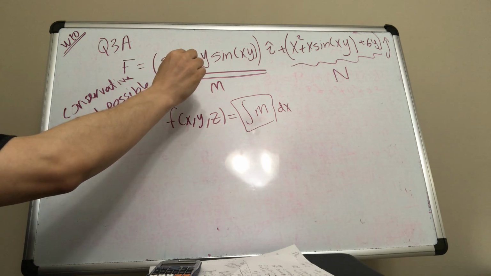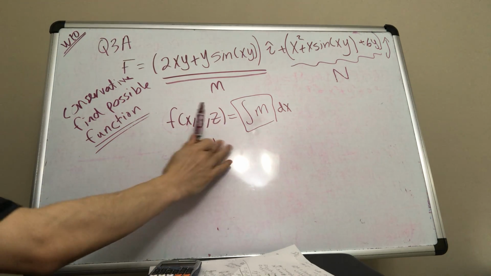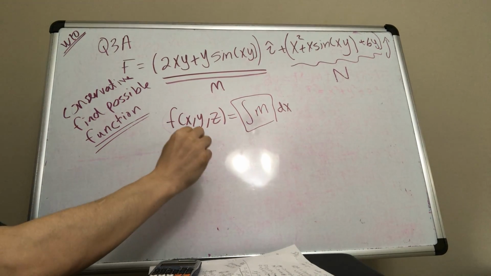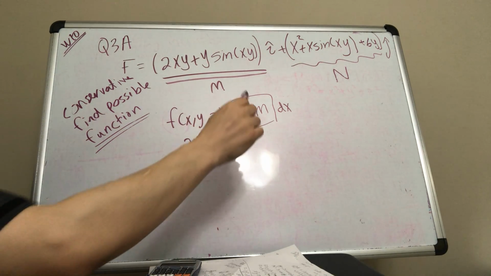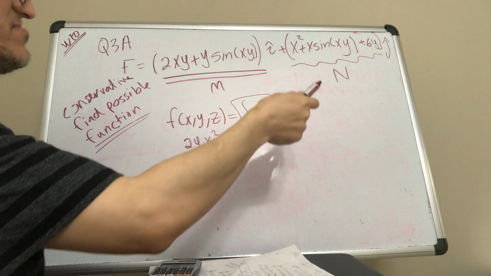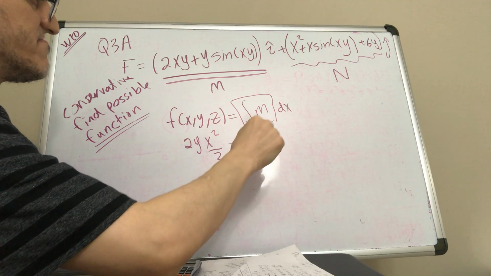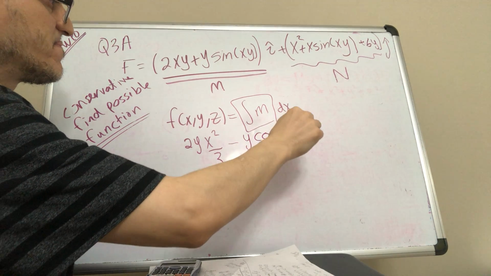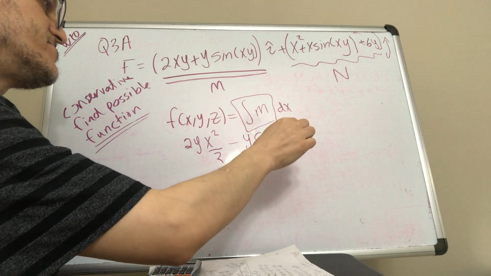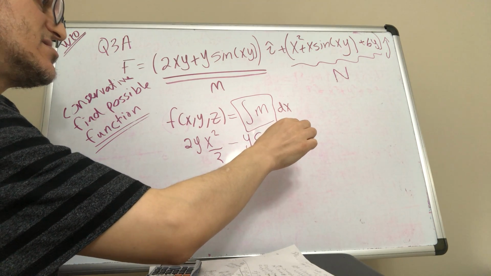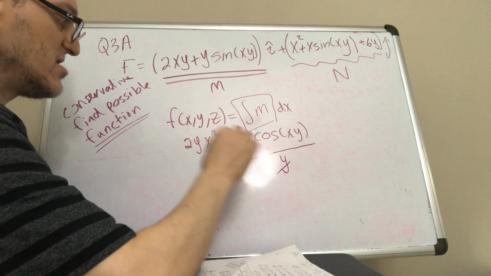The integral of this, a constant times x, would be, we put the constant first, and then 2 over 2. The integral of this with respect to x, that's a constant, so it becomes minus cosine xy over whatever the constant in front of the x was, y, so you cancel the 2 and 2.